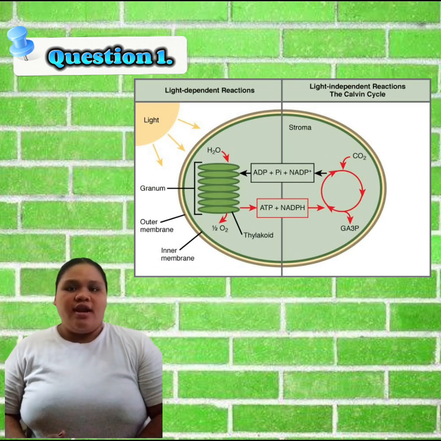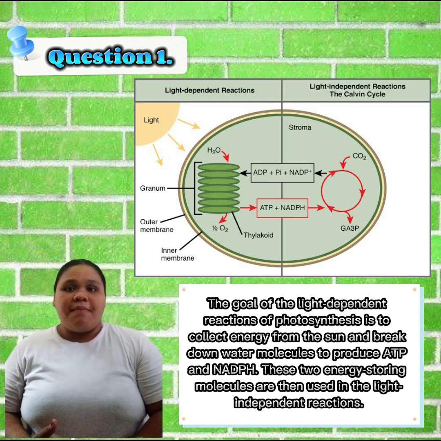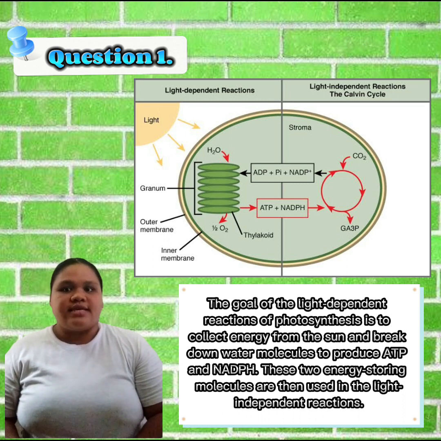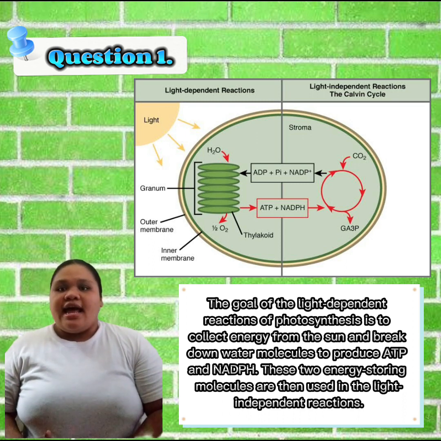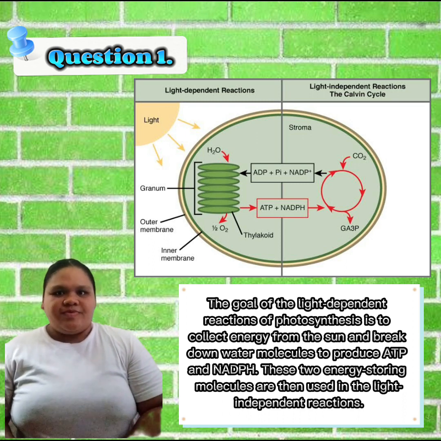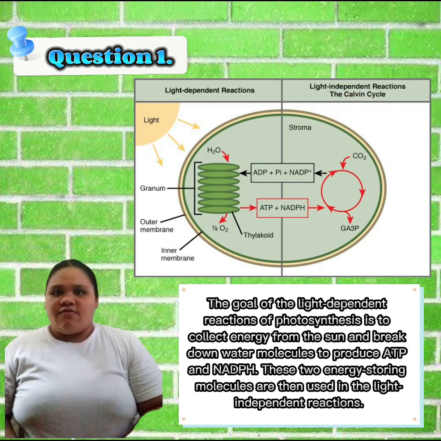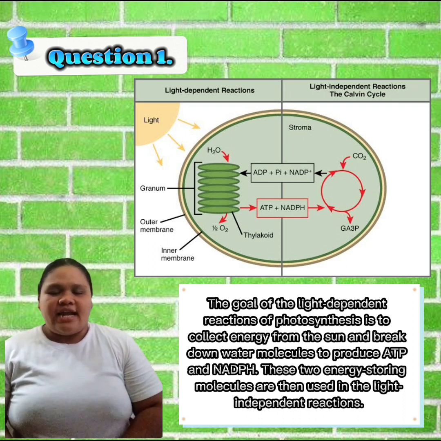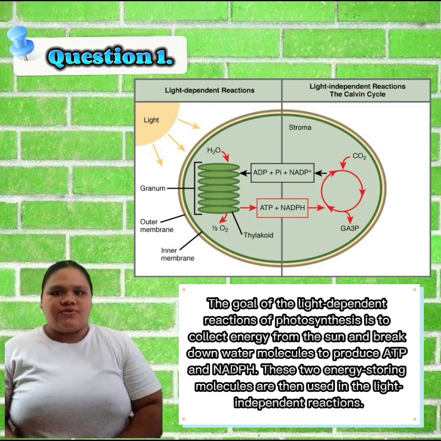In order to create new carbohydrate molecules, the light-independent reactions rely on the energy carrier molecules ATP and NADPH. Following the energy transfer, the molecules that carried the energy return to the light-dependent process to obtain additional energized electrons.